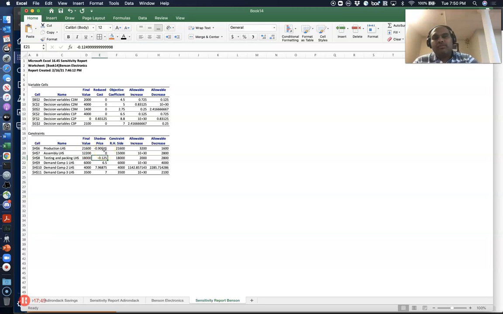Because it's a cost minimization problem, a negative shadow price is good because negative means that you'll be reducing your cost. If it's a profit maximization problem, you want positive shadow prices because you'll be increasing your profit. In this case, it's a negative shadow price, which means that for every minute that you have extra, you'll reduce your total cost by 90 cents.